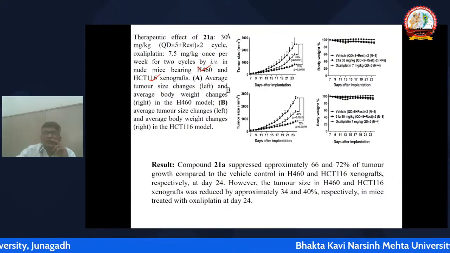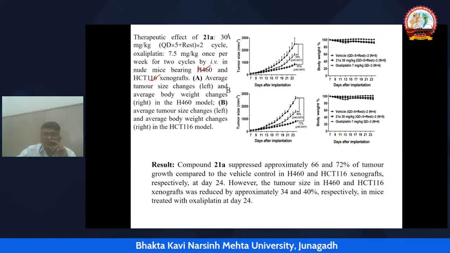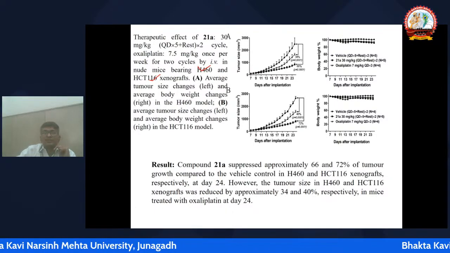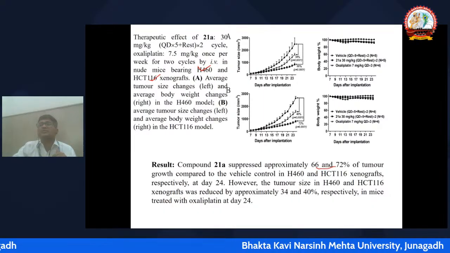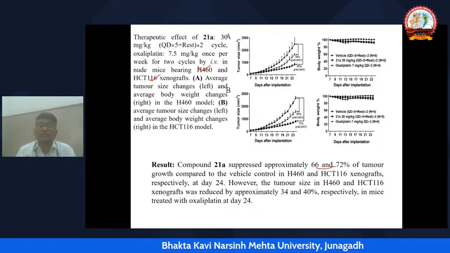Tumor size reduced approximately 34 to 40% in the mice treated with oxaliplatin, and our compound reduces tumor growth by 66 to 72%.